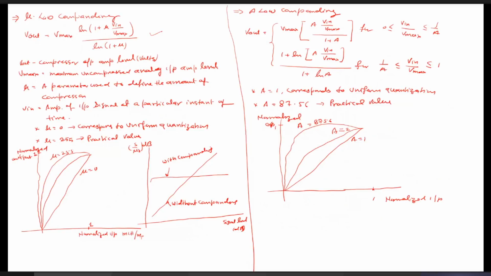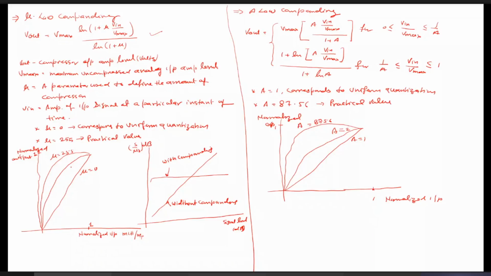If you draw this curve and normalize it, because V in by V max is already normalized, then for mu equals 0 you can see input is same as output, that is, there is no compression. So it is the case of uniform quantization.